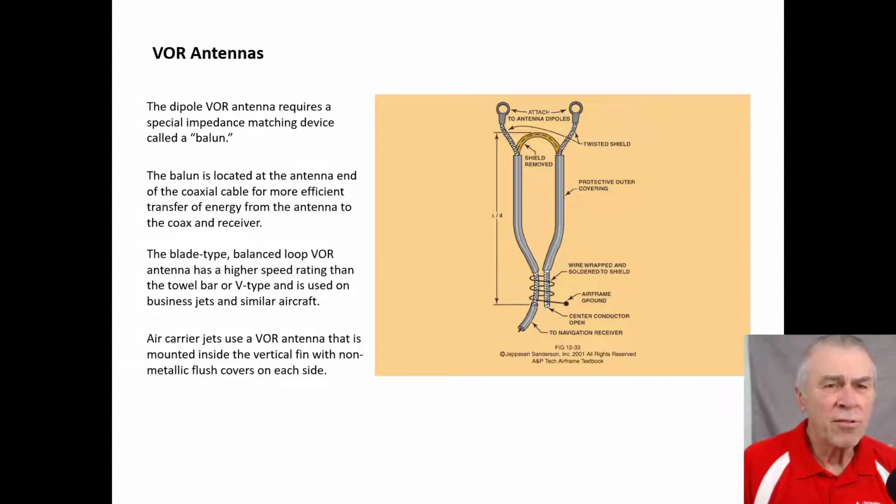Carrier jets use a VOR antenna that's mounted inside the vertical fin with non-metallic flush covers on each side, so you cannot even see it, but it's under a composite cover, not a metal cover.